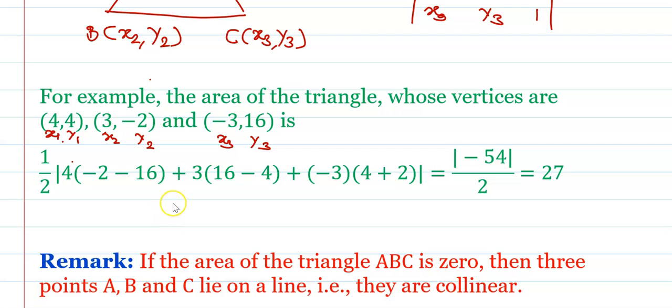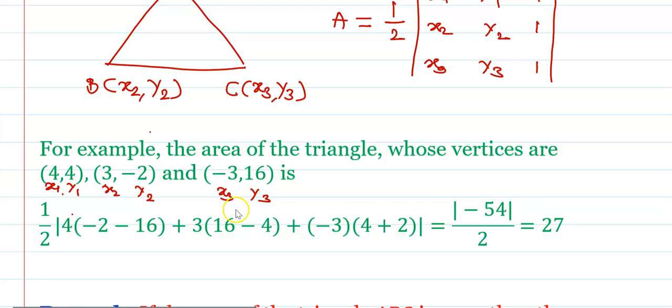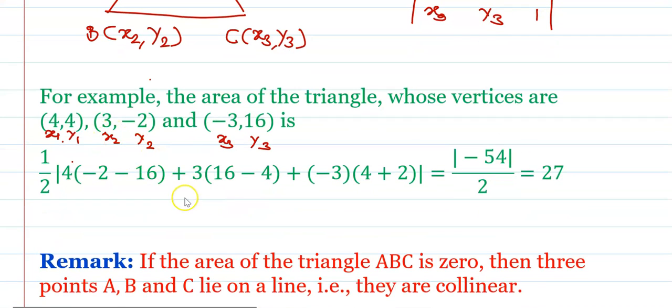In this way you get x1 in bracket y2 minus y3 and next x2 in bracket y3 minus y1. And what about the last, x3 in bracket y1 minus y2. In this way you can remember this, and if we evaluate it, you will get minus 54 upon 2, that is 27 square units is the area of that triangle.